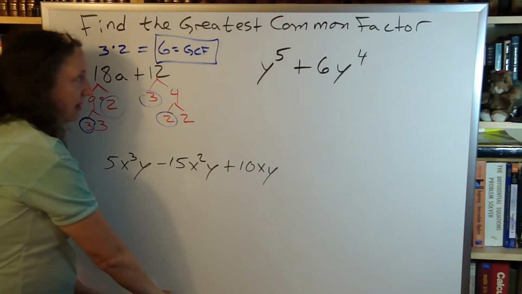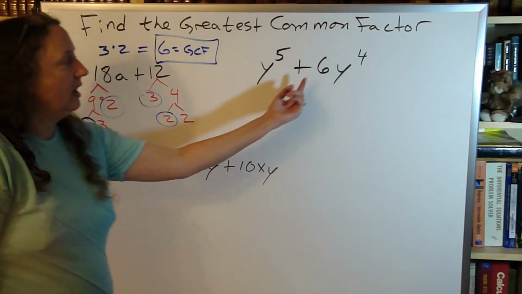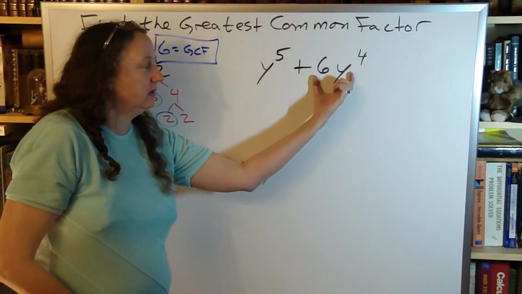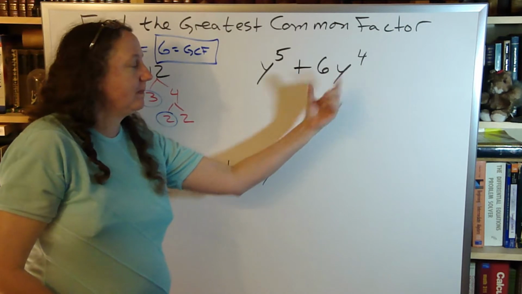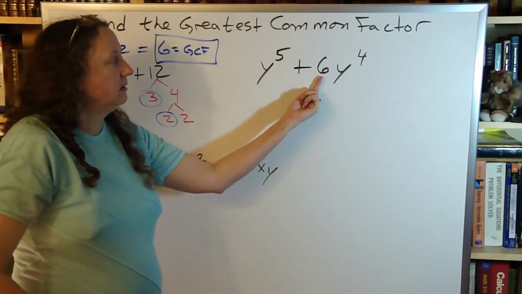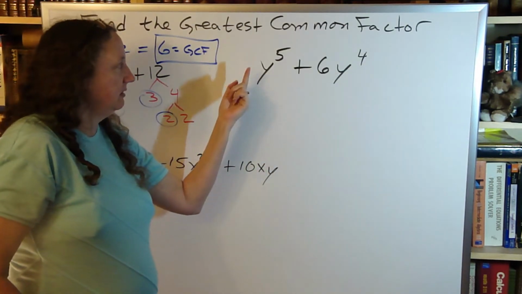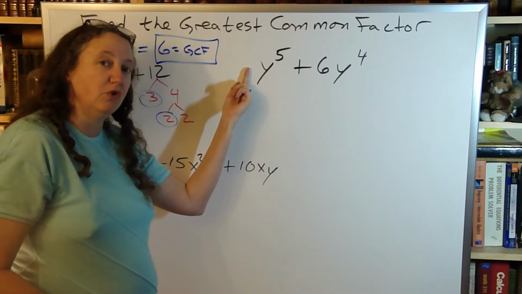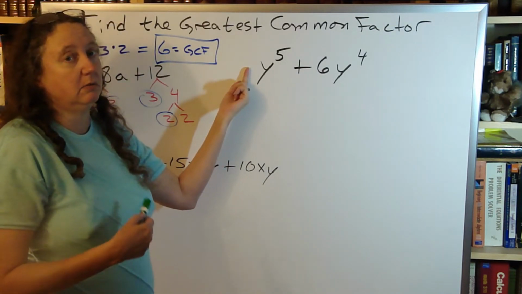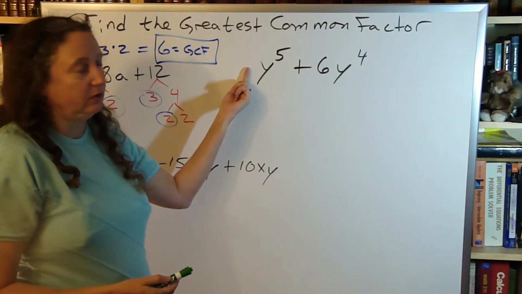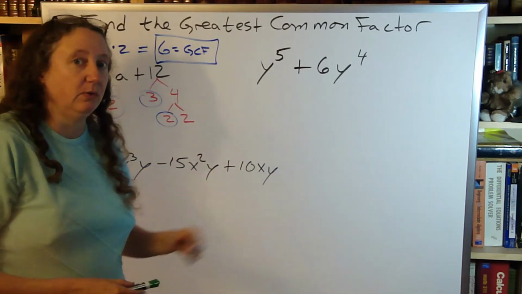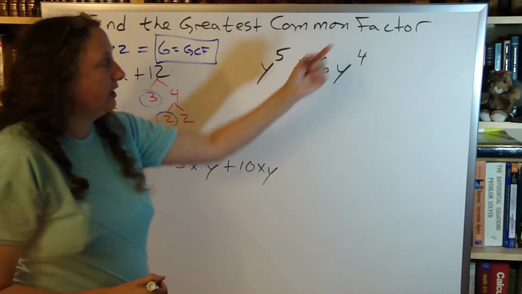Looking over at this problem, I have numbers and letters again, coefficient and a variable. Here, I have a number, but here there's none written, so I can multiply a 1 in if I need to. I don't need to though. All I'm trying to find is the greatest common factor.